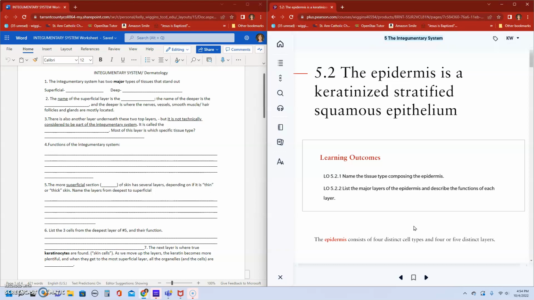All right, so the more superficial section, that would be the epidermis, has several layers depending on if it's thin or thick. The layers from deepest to superficial, the deepest is stratum basale. This is stem cells, tactile cells, melanocytes.